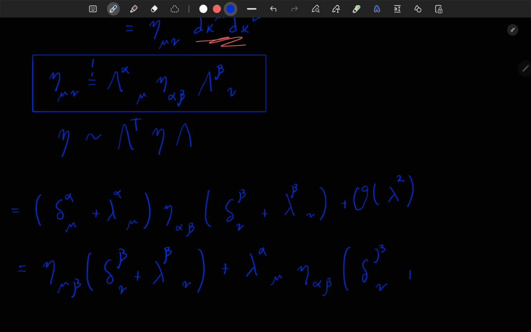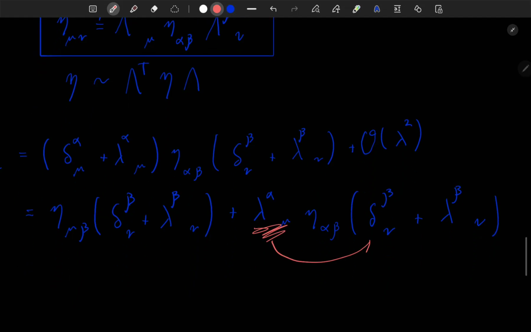Now, notice for the right-hand term here, if I multiply in this guy, I get it against direct delta, which is all fine. But here I get an order lambda squared. So I will ignore that because lambda is small.